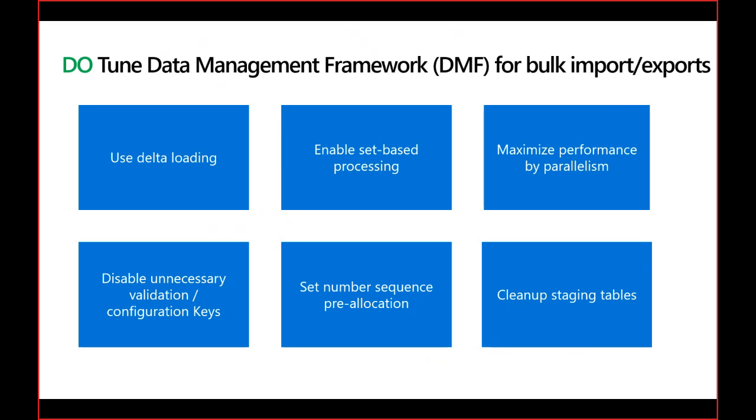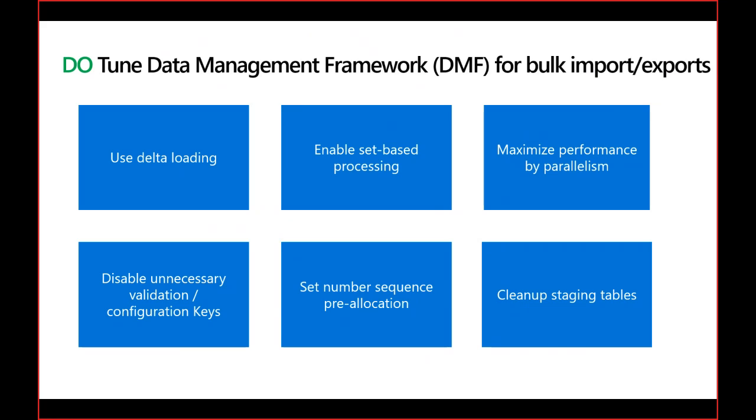So, for example, that you can use delta loading or the incremental push after a full push, that you can enable set-based processing for certain entities, of course, if they are developed in a way that they support it, that you can use parallelism, for example, for mass import scenarios, that you also have to think about other things like, for example, disabling unnecessary validations or configuration keys, which can lead to an overhead in the data import-export framework.